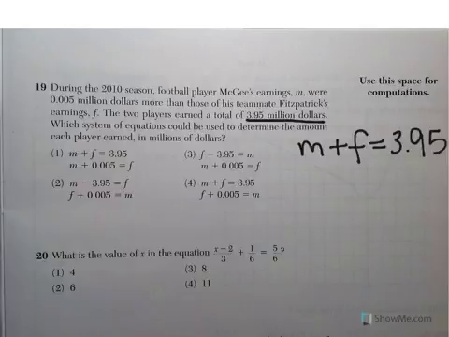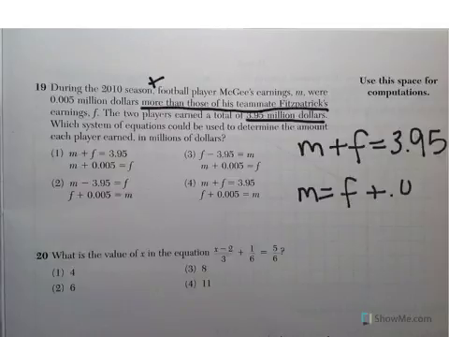And the other equation says that McGee's earnings, M, were $0.005 million more than those of his teammate Fitzpatrick. So more than means we're adding. So M will equal F plus 0.005. So that would have to be choice 4.